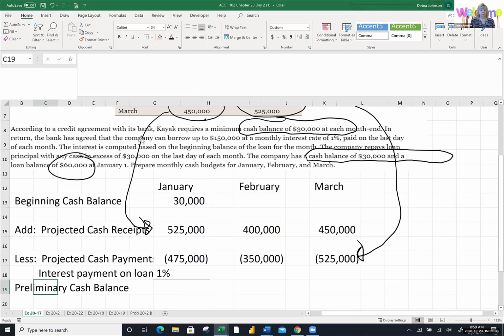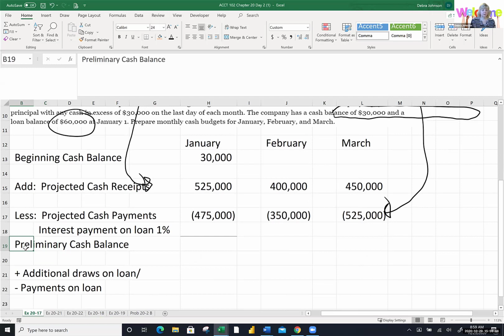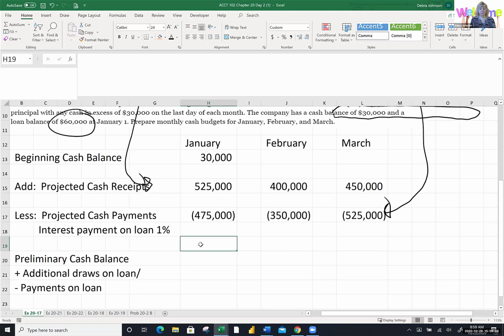What they told me is that the loan balance was $60,000. So I'm going to do a calculation, and to show it, I'm going to bring this line down one. Here's my calculation for that first payment. The loan balance is $60,000, and the interest rate was 1% per month.